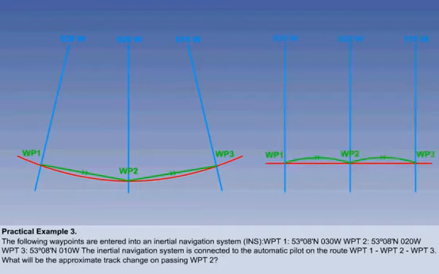It might be easier to see it in this diagram. The left-hand one shows the great circle as the shortest route, but the right-hand one makes the track changes more obvious. The track leaves waypoint 1 on an angle of less than 090 and gradually increases, arriving at waypoint 2 on an angle of more than 090.